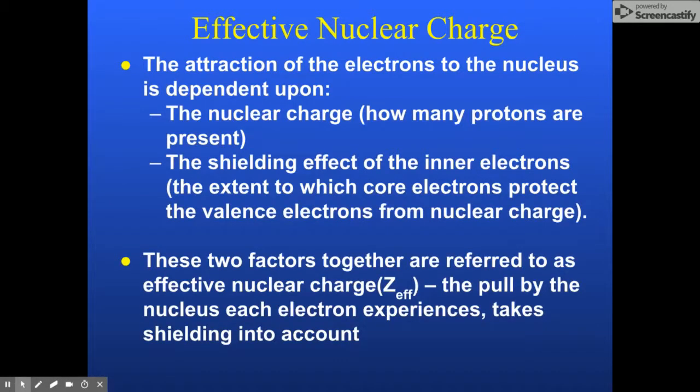So these two factors together are referred to as effective nuclear charge, or ZEFF. This is the pull by the nucleus each electron experiences. So this takes that shielding into account.